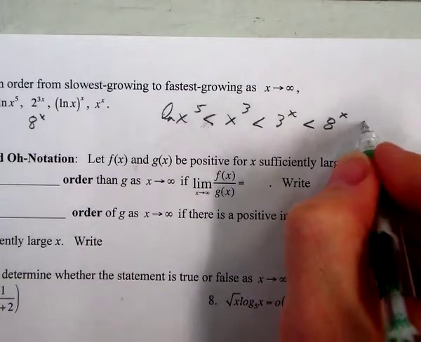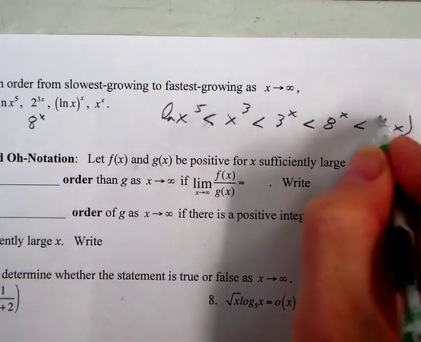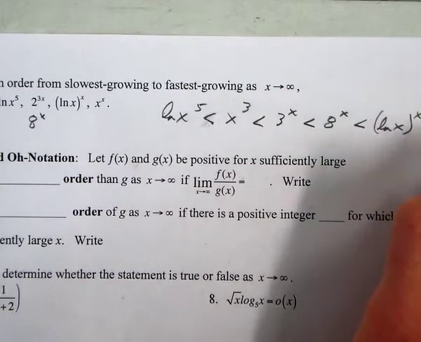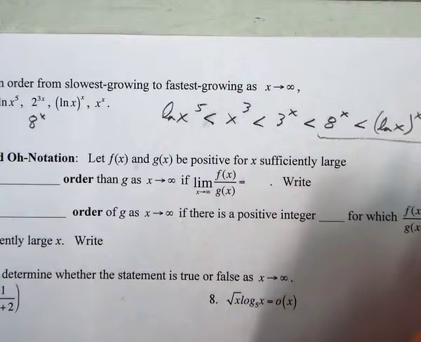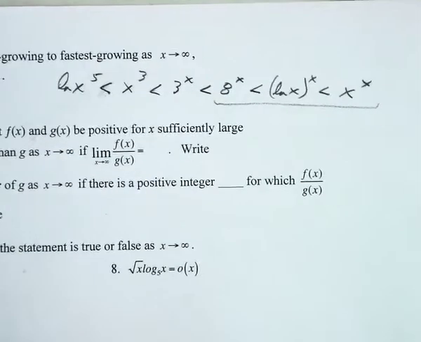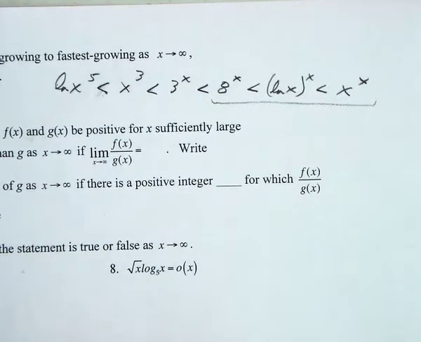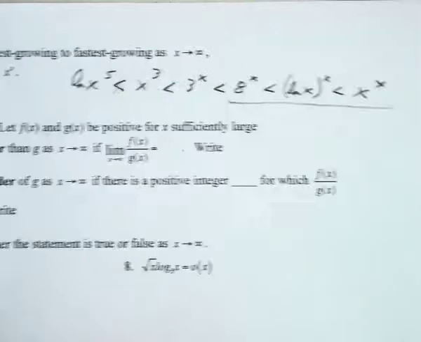That will be less than ln of x to the x, which will be less than x to the x. And if you're not 100% clear on looking at these last parts, you could say to yourself, they're all raised to the power of x, so what's bigger? 8 is going to be less than ln of x after you get to some point, which will be less than x. So that's it.